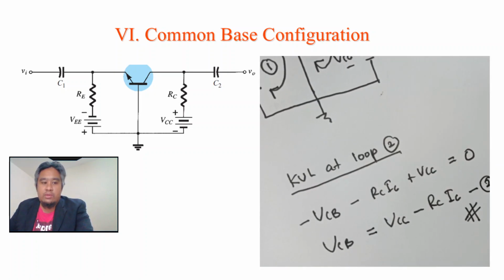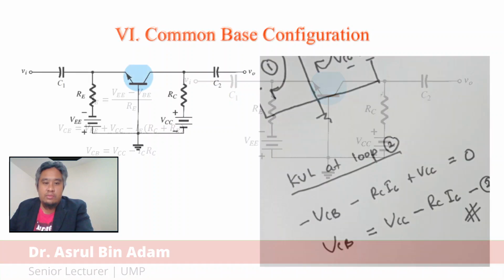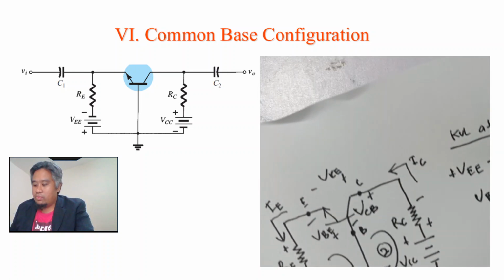Let me check the formula. We have the third one here, VCB equals VCC minus IC RC. Same thing.